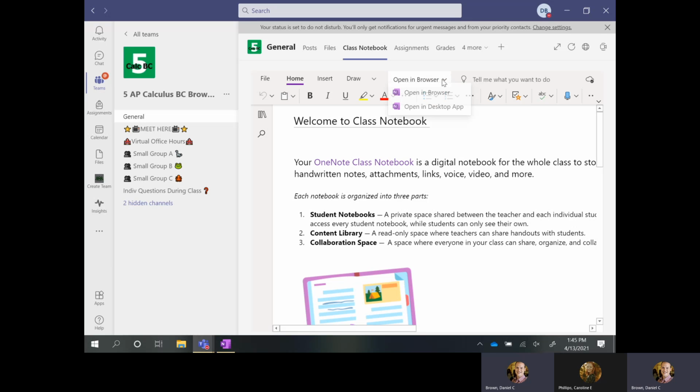Do this little drop down and do open it in desktop app. It's going to take like 5,000 years because it's going to have to re-download everything from August. But it basically fixes any syncing issues it sometimes has.